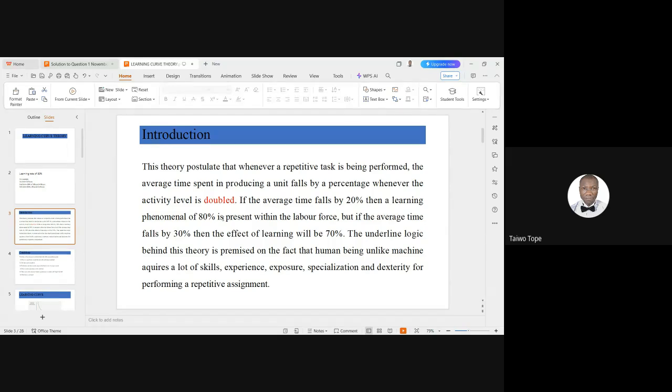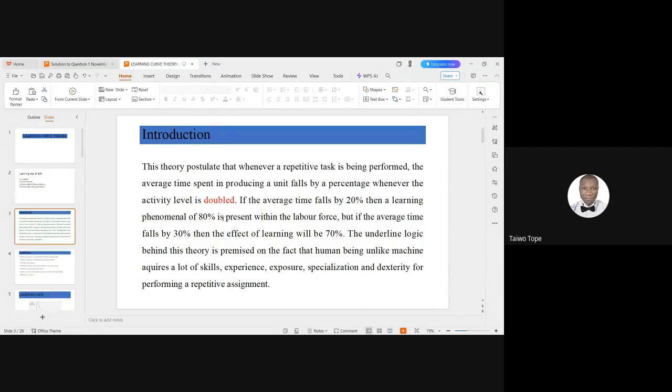If the average time keeps falling by 20%, 20%, it means the learning rate is 80%. But if the average time falls by 30%, then the effect of learning will be 70%.